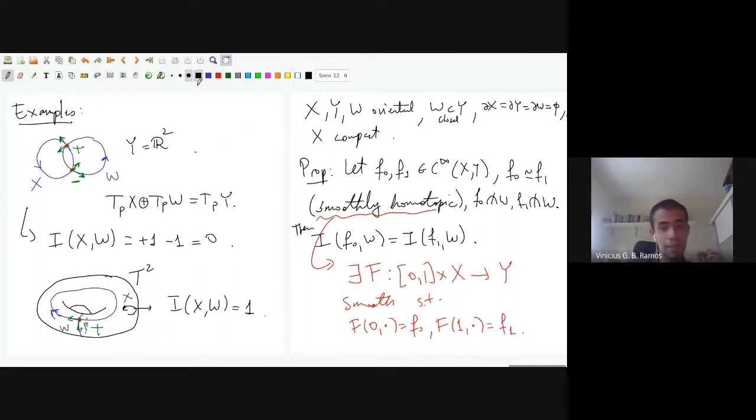And I should say, this is true even if they're not smoothly homotopic, if there's just a continuous homotopy. But it requires a smooth approximation method that I don't really want to do in this course. You can see it in Hirsch. If they're only continuously homotopic, you can perturb the continuous homotopy to make a smooth homotopy, and this property is satisfied.